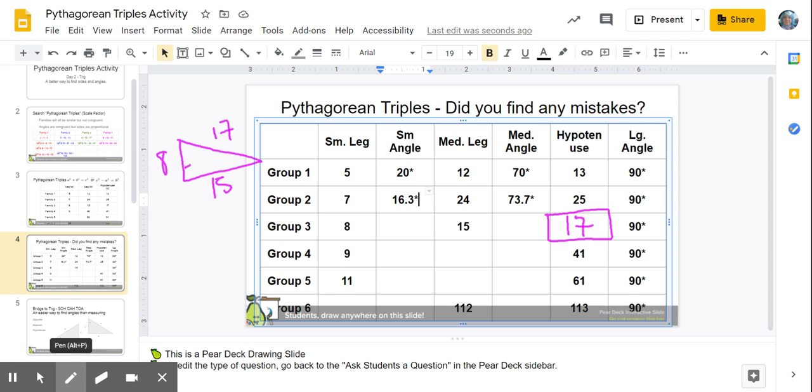Do we want to use sine, cosine, or tangent? Okay, we'll use sine. Sine is O over H. So what do I put into my calculator?